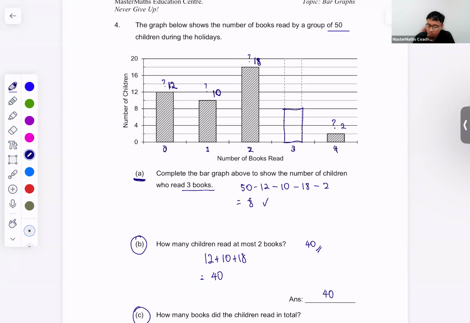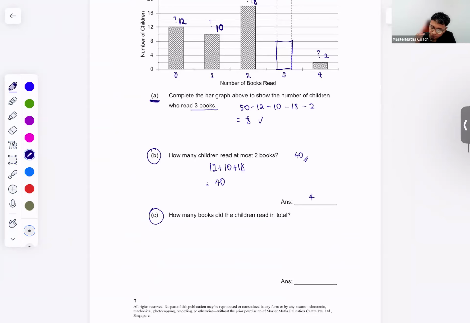So we have to find out how many books they read in total. The number of children is 12, 10, 18, 8 and 2, which is already told here, 50. So how do we do this question?